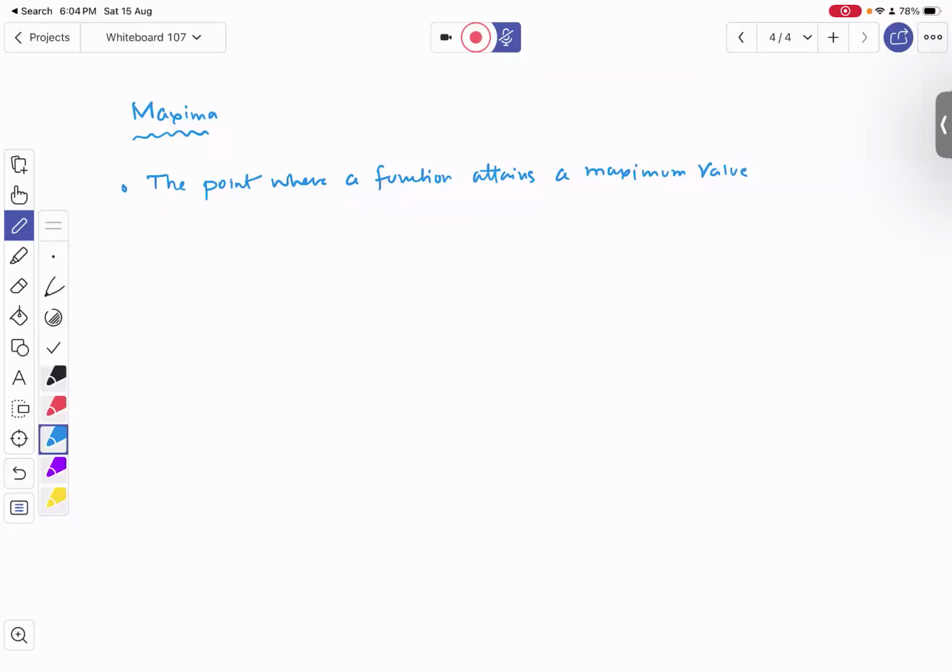If some function attains a maximum value at some place, that point, that coordinate altogether is given a nice name, maxima. Okay, we'll see more.